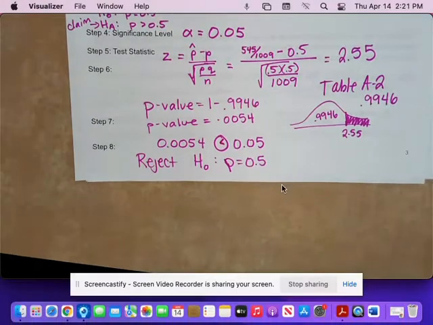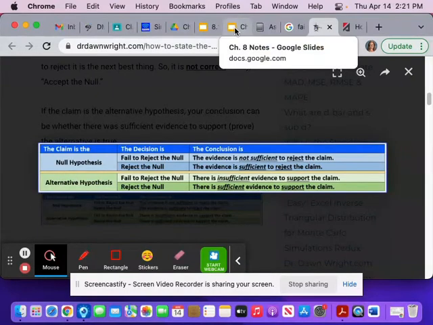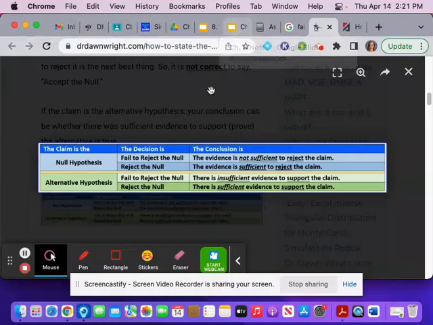So I want to show you something I looked up whenever I was trying to come up with a claim and what this actually means. I went ahead and put this in the notes on the Google Slides, but I'm going to print this out for y'all in class.